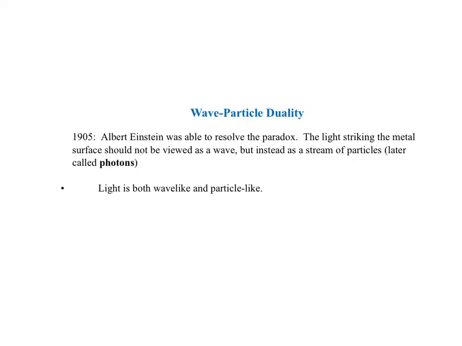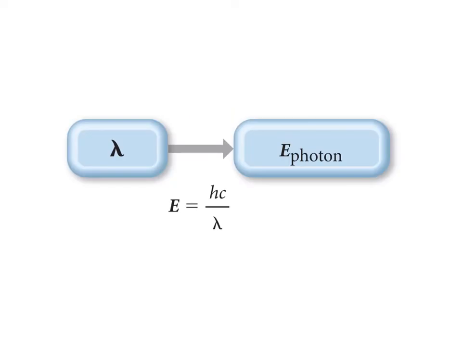So that led us into this wave-particle duality, where we have to treat the photon now as both a wave and a particle. Again, we got to this energy of the photon, and the energy of the photon was equal to h nu, but it's also then equal to hc over lambda.